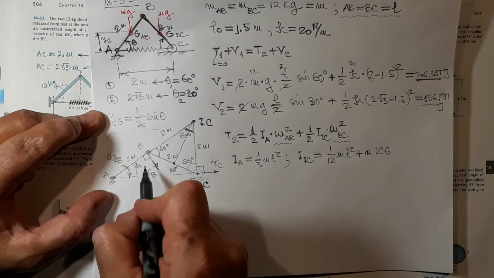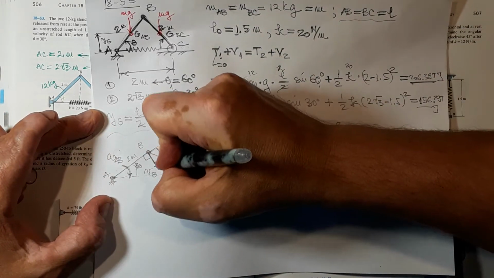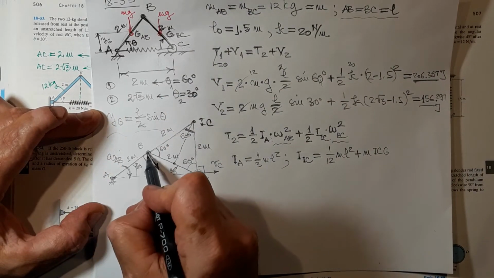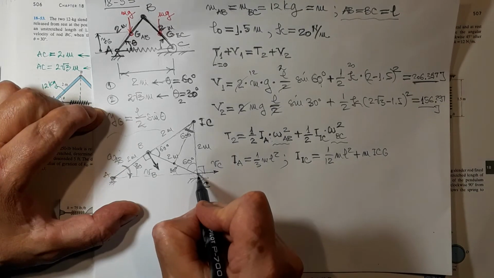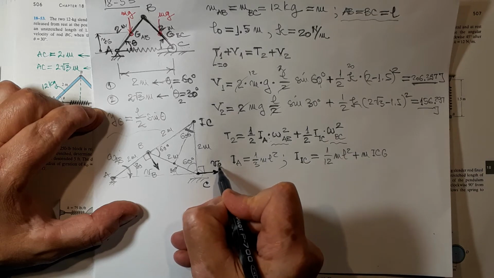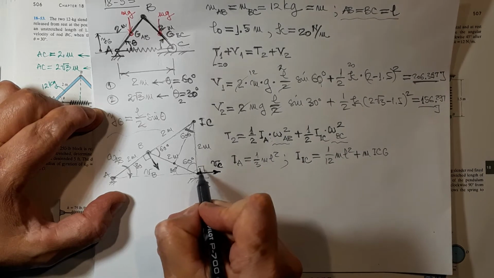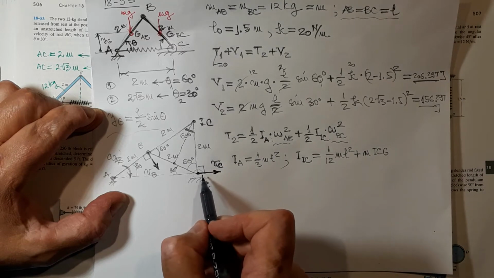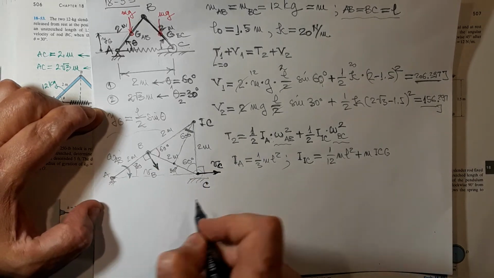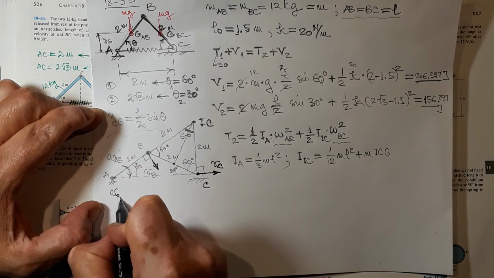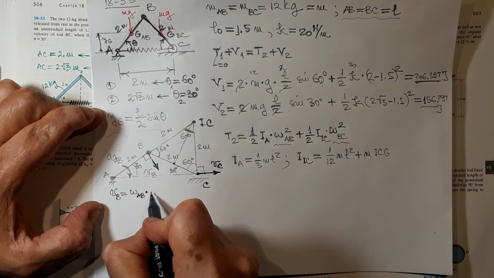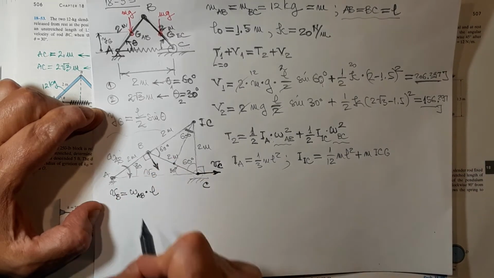And how do I get the instant center? First, I know the velocity of point C. It's perpendicular to AB at B, and the velocity of point C is going to be perpendicular to the line that connects point C to the instant center. We can also say velocity of B is omega of AB times distance L, which is distance AB.